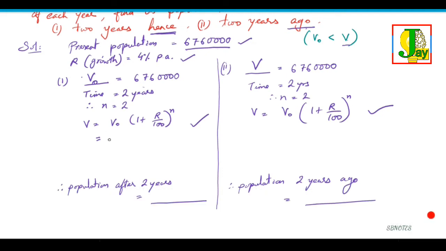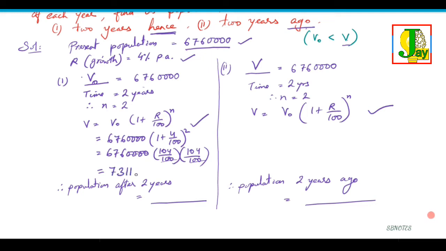Now just putting the values, 67,60,000, 4 zeros. Okay, 1 plus 4 by 100 whole power 2. Now that means we are having 2 times 67,60,000, that's 100, 4 by 100, 2 times. 4 zeros you can cancel, and if you multiply you get 73,11,660.